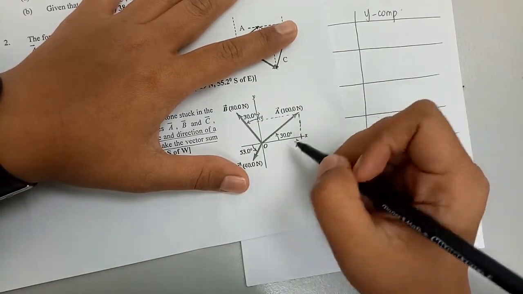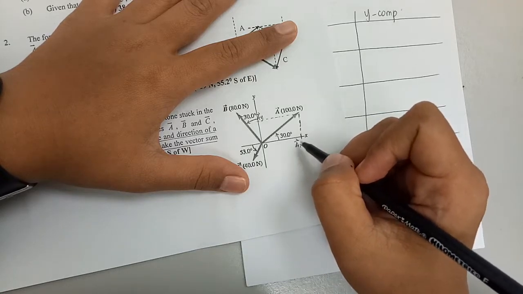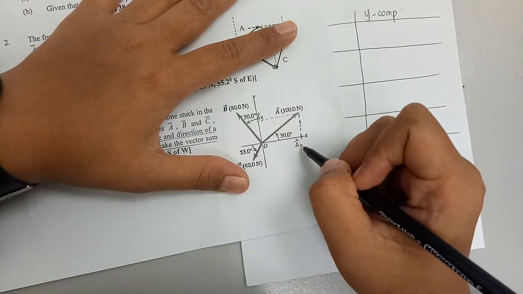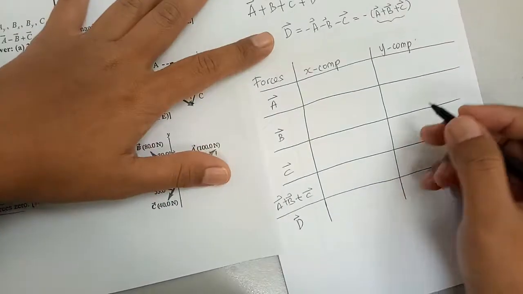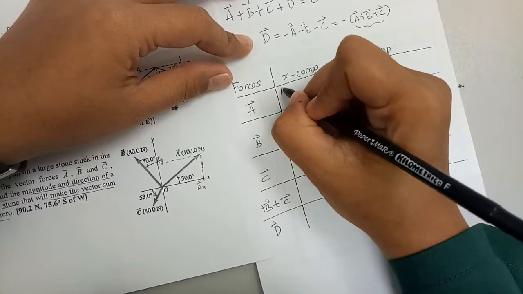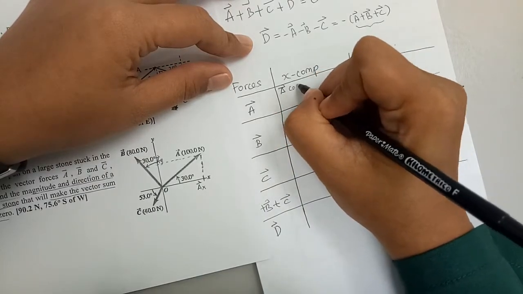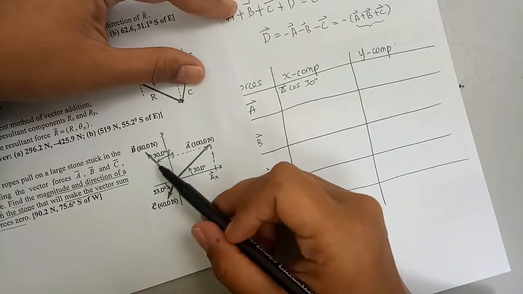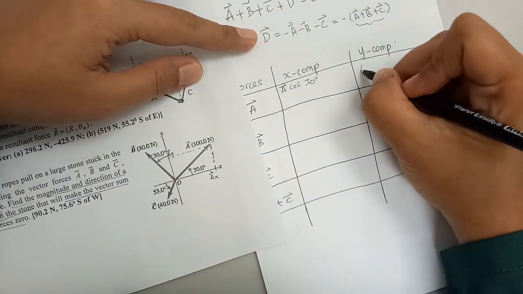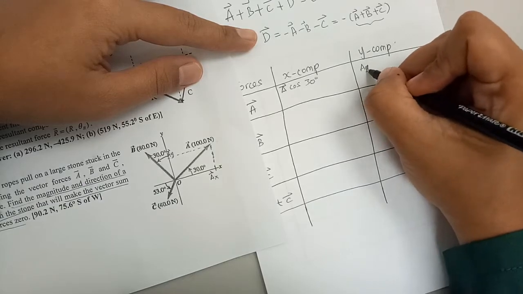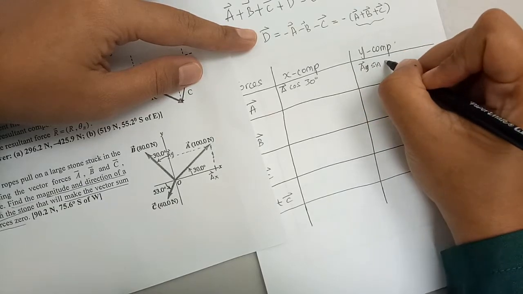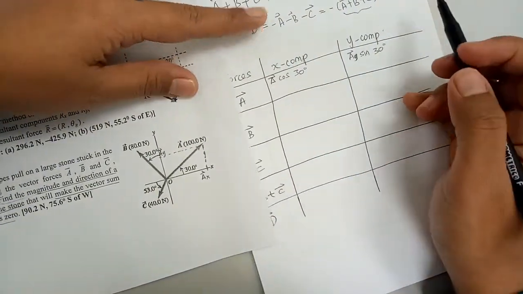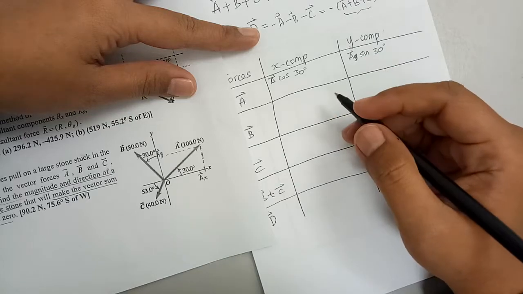By using trigonometry, cos 30 equals AX over A, so AX is A cos 30 degrees, where A is 100 Newton, and AY is A sine 30 degrees. You can substitute all the numbers later. What I want to show is how to solve this question.